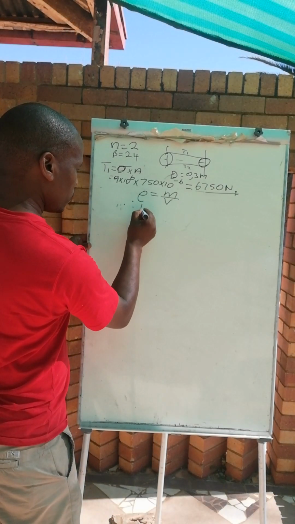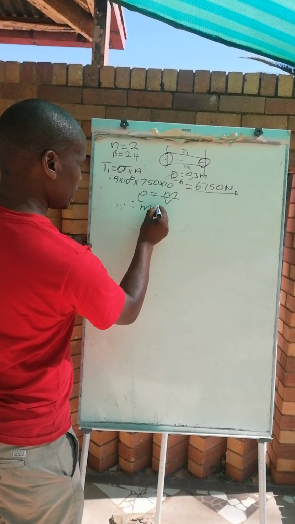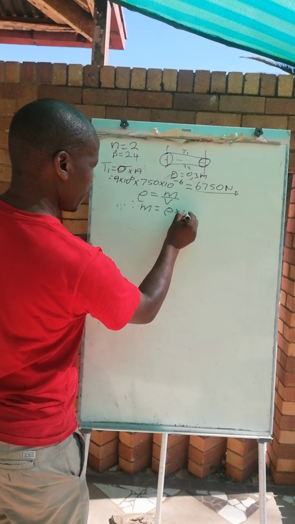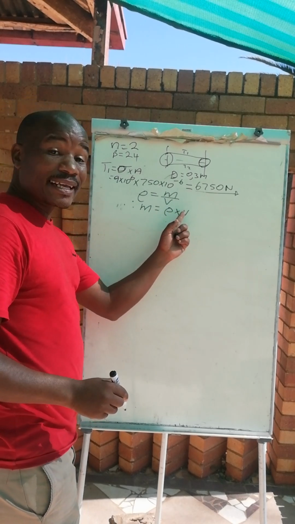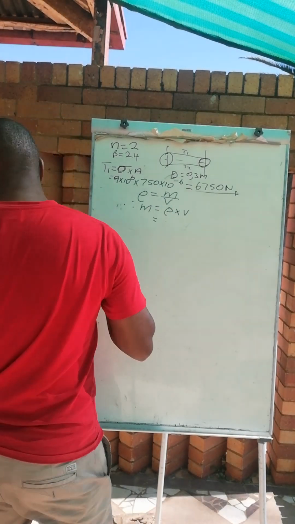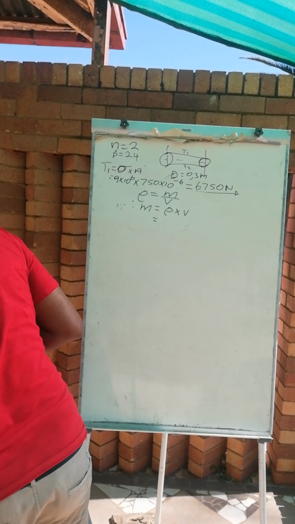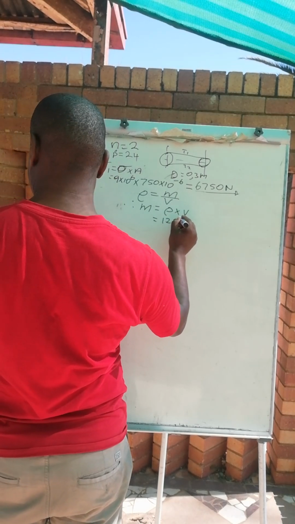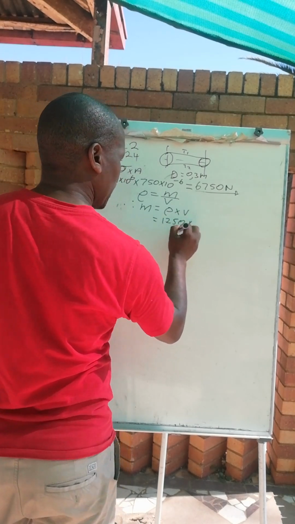Therefore, the mass is equal to density multiplied by volume. Actually, it's area, but for now, I will show you how to make your life easy. The density is given as 1250 multiplied by volume.